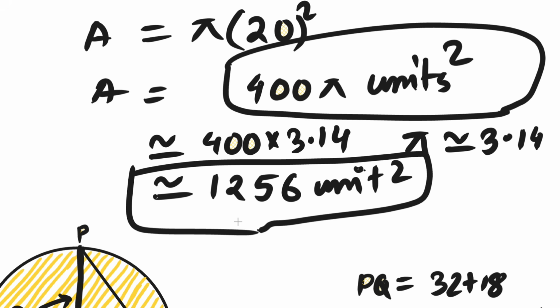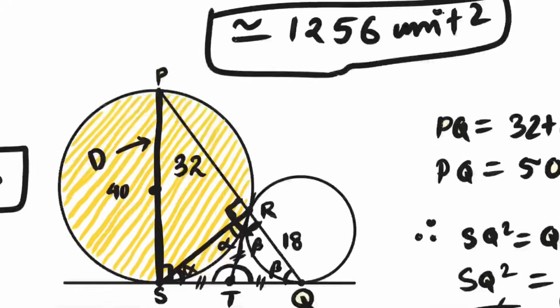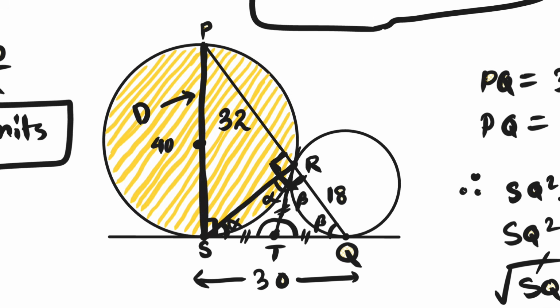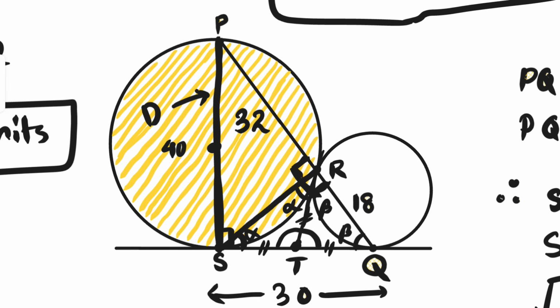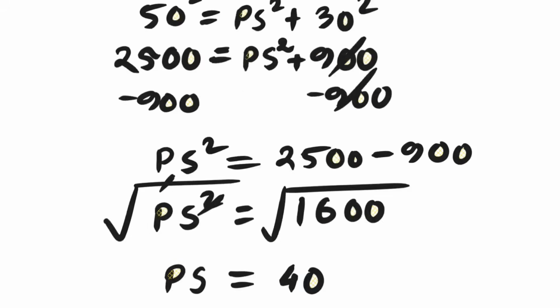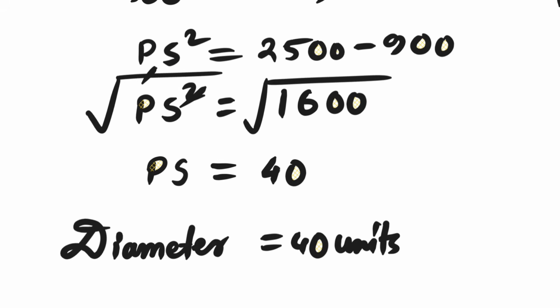1,256 square units. Notice how the problem looked complicated at first because we had two circles, a tangent, a secant, and several different points. But once we found the tangent length using the tangent-secant theorem, proved the 90-degree angle using equal tangent lengths, recognized PS as the diameter using the converse of Thales' theorem, and then applied the Pythagorean theorem, everything came together very neatly.